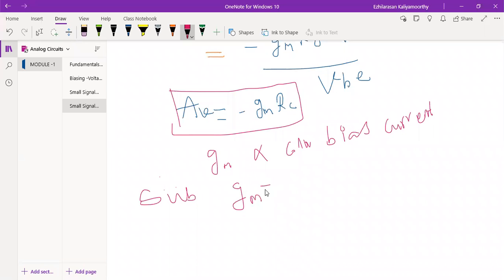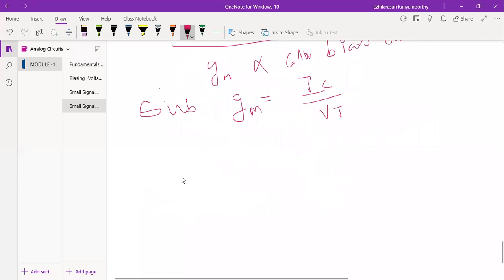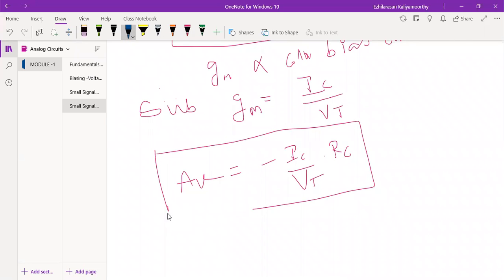We know gm is equal to IC by VT, because we already know this equation. So we'll get Av is equal to minus IC by VT into RC. So this will be my voltage gain. I think from this we might have understood how to calculate the voltage gain for a small signal model.